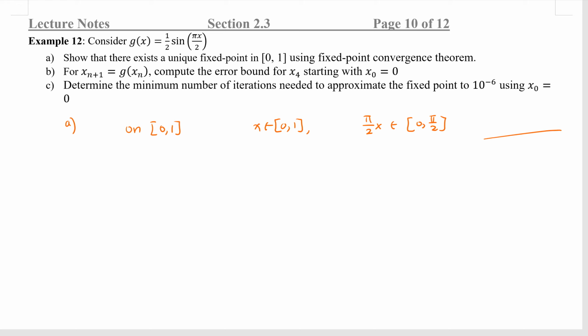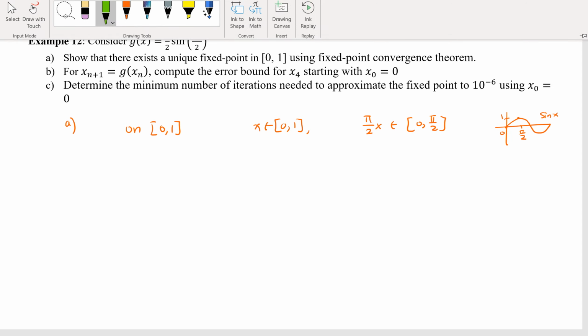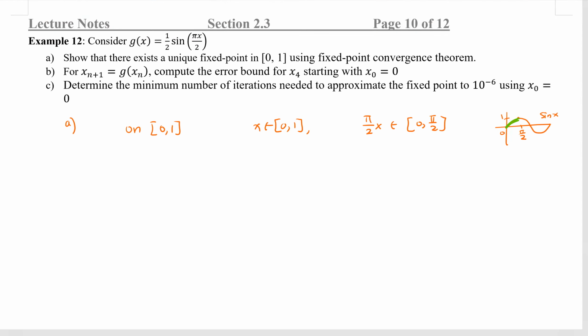And then what does sine x look like? You know, this is sine x. From 0 it is 0, at pi over 2 it equals 1, right? So it is an increasing function when the angle is from 0 to pi over 2. So far, so good, everybody?